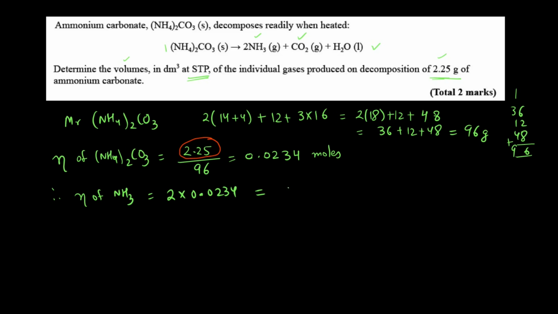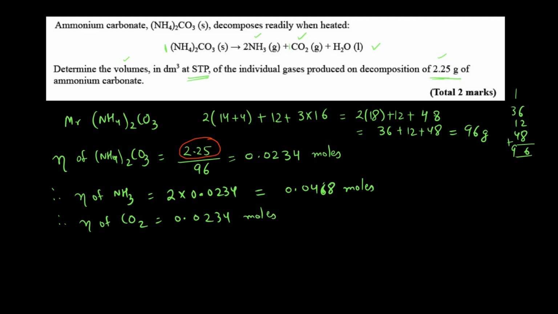So that comes out to be 0.0468 moles. Now 1 mole of ammonium carbonate is giving me 1 mole of CO2 gas. Therefore the moles of CO2 produced will be the same as ammonium carbonate.